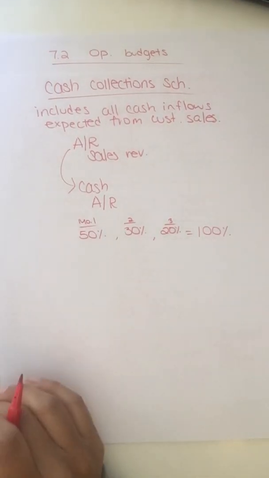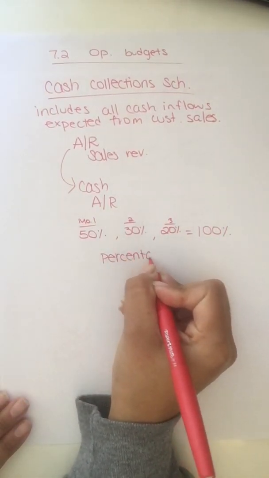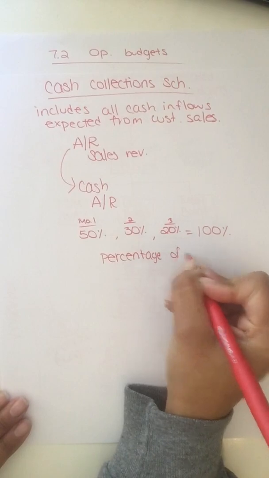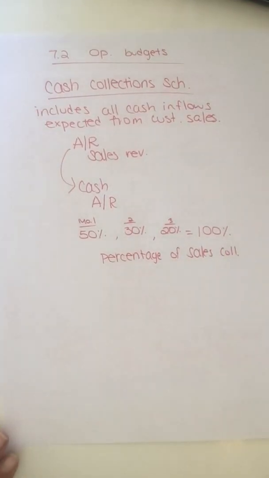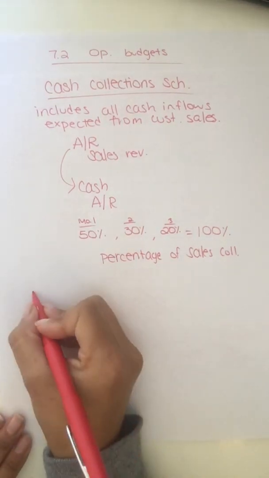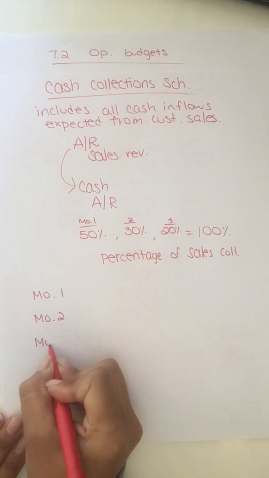Then how we're going to set this up, I'll show you the percentage of sales collected. We'll just leave it general: month 1, month 2, month 3.